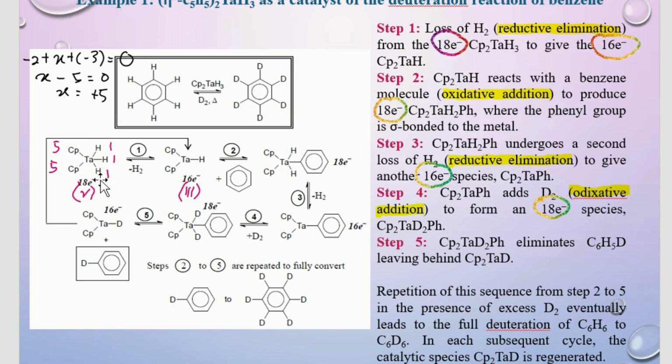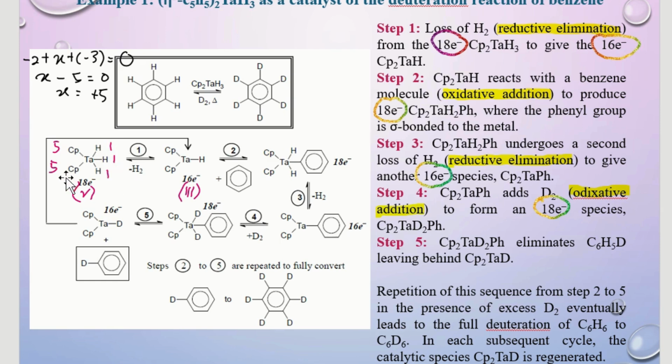Before we go through the first step, we also calculate the EAN, the total electron count for our catalyst. Cp has 5 electrons, so 5, 5, and the hydrogens 1, 1, 1.